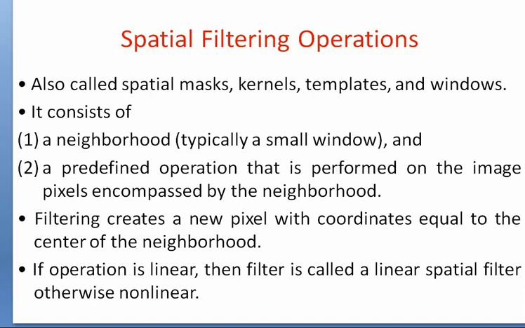And the second is a predefined operation that is performed on the image pixels encompassed by the neighborhood. So the spatial filtering operation involves mainly two things. The first one is developing a mask or neighborhood.